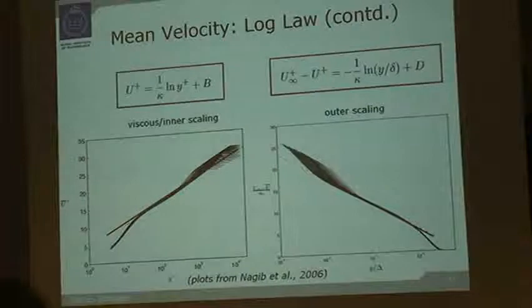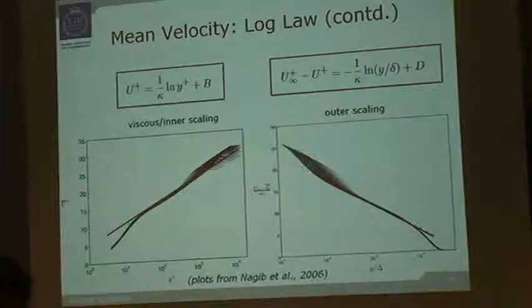Also here in the velocity deficit law, when you come from the outside, you have a very good overlap of these curves.